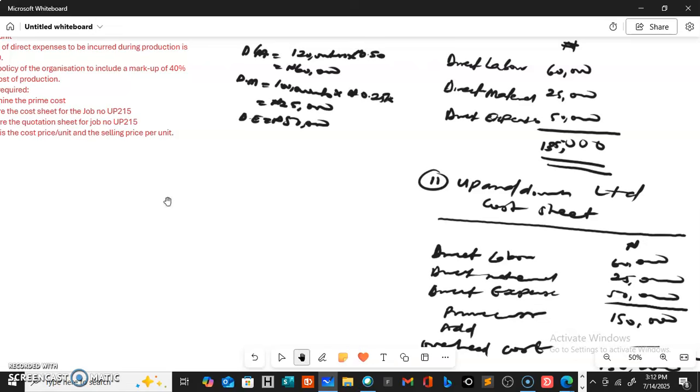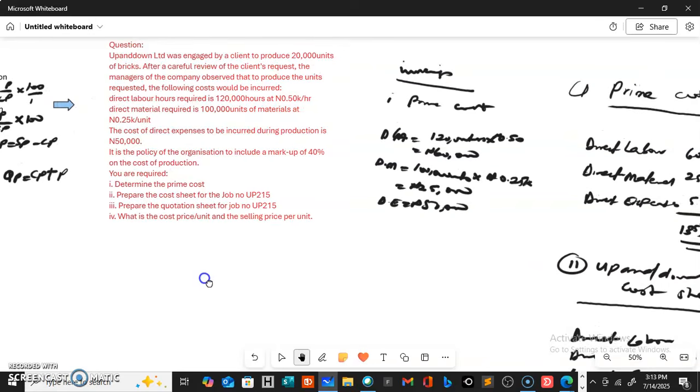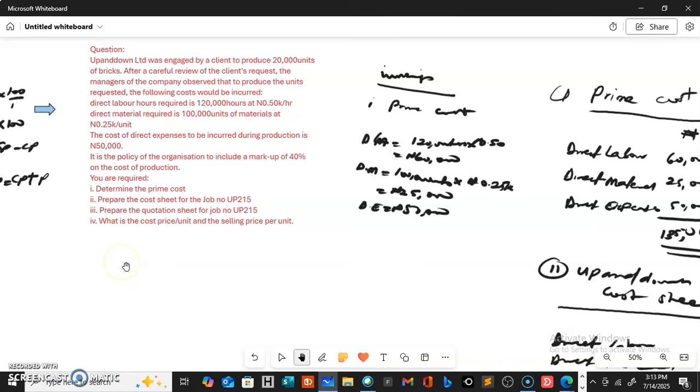Let's put the job number there, UP215. Let's ensure you put your job number on it. Please, you can do better by ensuring that your presentation is neater and better than what I have done here.